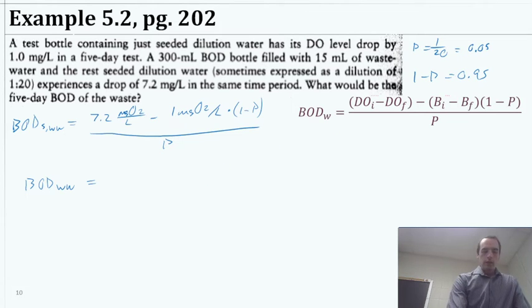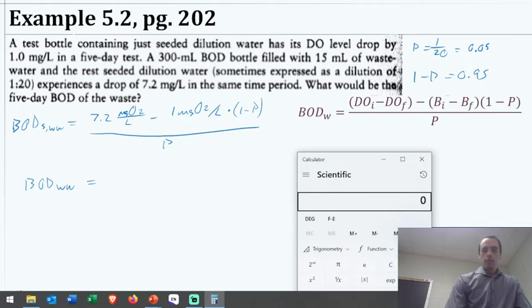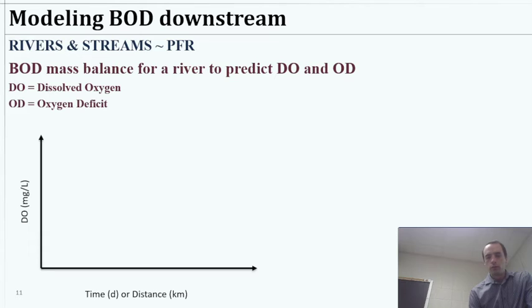So we can take 7.2, and 1 times 0.95 is just 0.95. So 7.2 minus 0.95 is 6.25, and then to divide by P, we can just multiply by 20, right? So we multiply that by 20, and our BOD in this case is 125 for the solution.